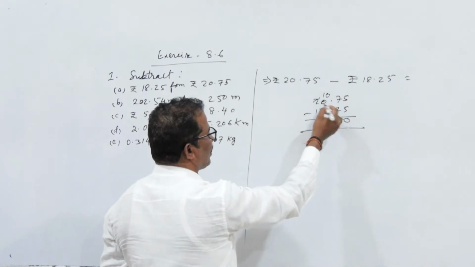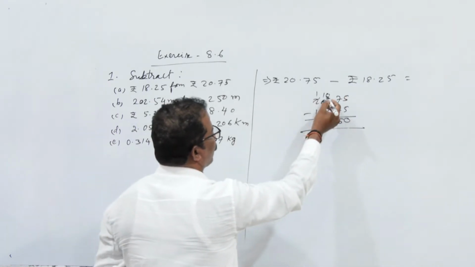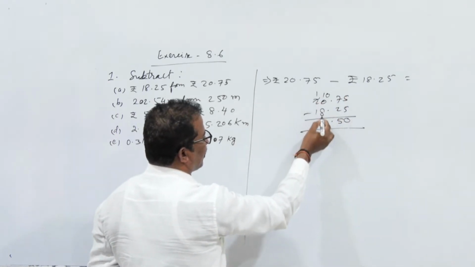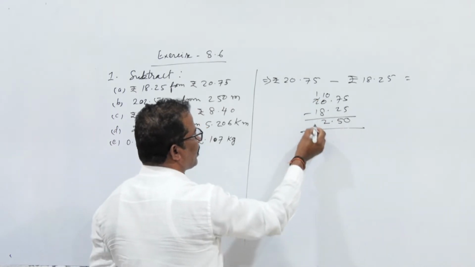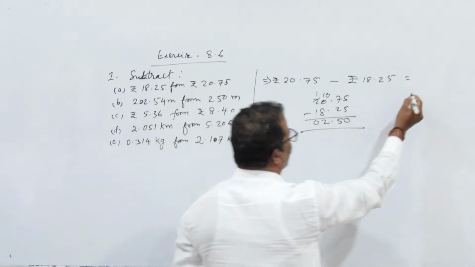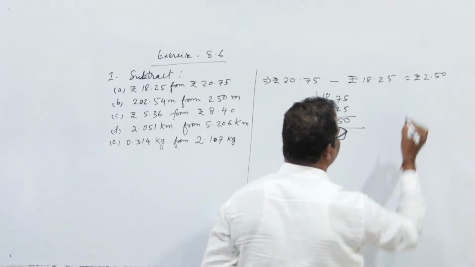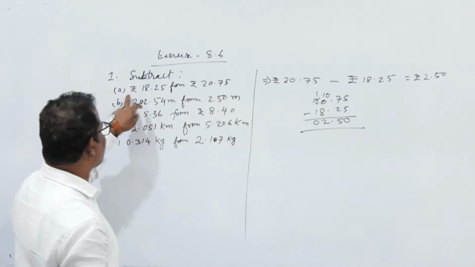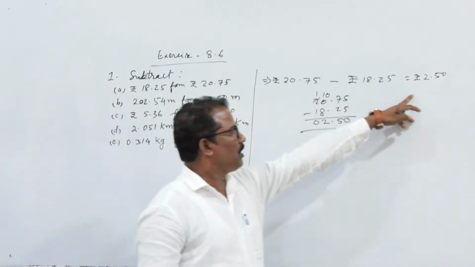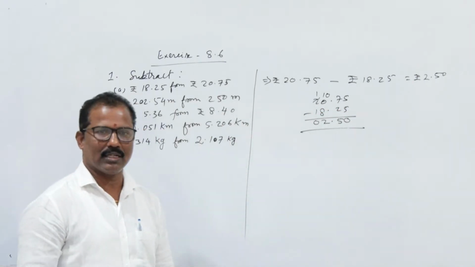From this 2, 1 given, so here 1 will remain. So from 10 we have to subtract it. 10 minus 8 is 2, then here 1 minus 1 is 0. So what is the difference we got here? That is 2.50. So what is the solution of the first question? That is rupees 2.50. Understand all of you?